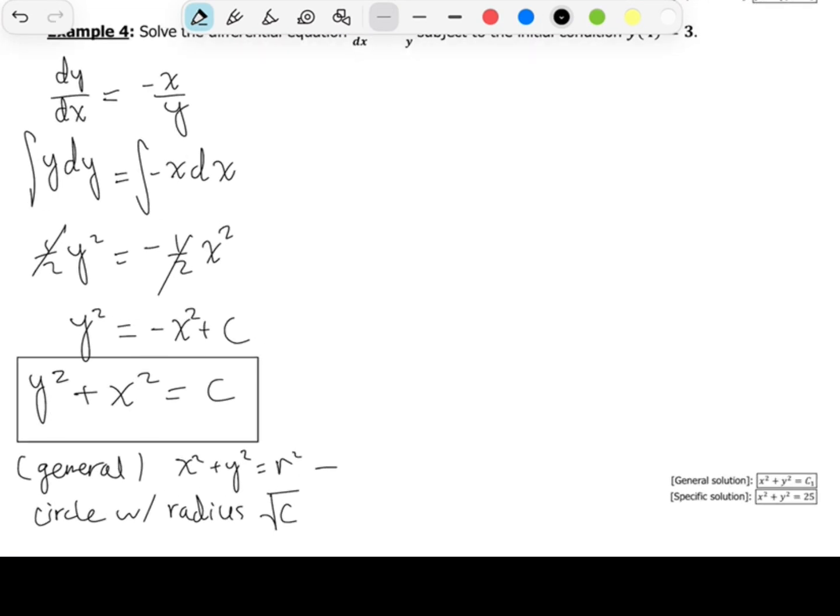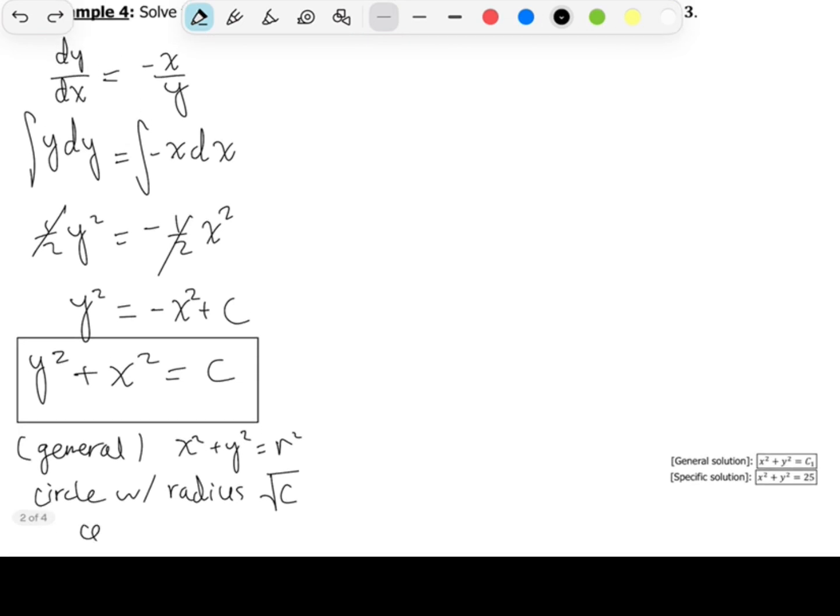Because this is your equation of a circle: x squared plus y squared equals r squared. And this circle is centered at, very good, 0, 0, centered at the origin.